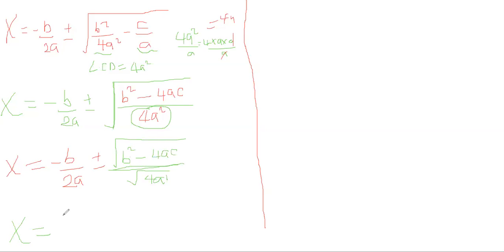So this will be minus b over 2a plus or minus. So still we go with this, b raised to the power of 2 minus 4ac all over, what is the square root of 4? It is 2.